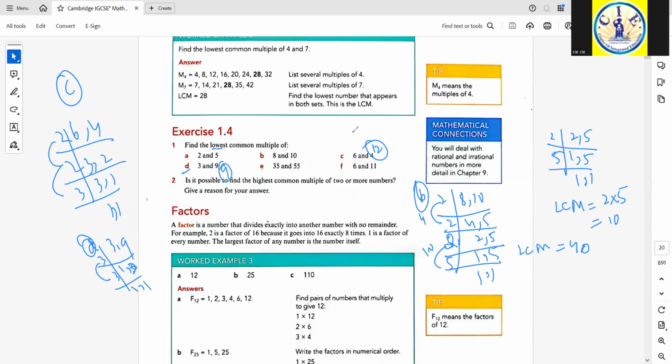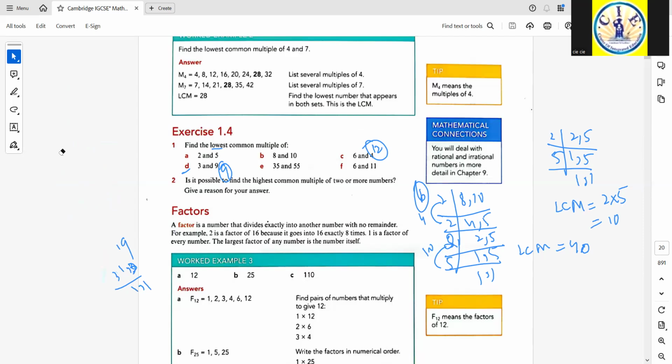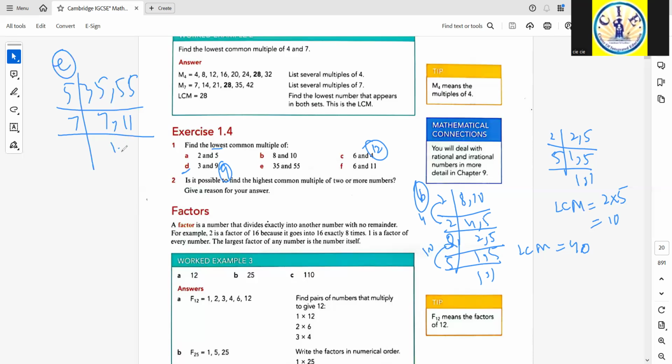The LCM of 35 and 55 in part E. 5 sevens are 35, 5 elevens are 55. Now these are prime numbers. 7 ones are 7.